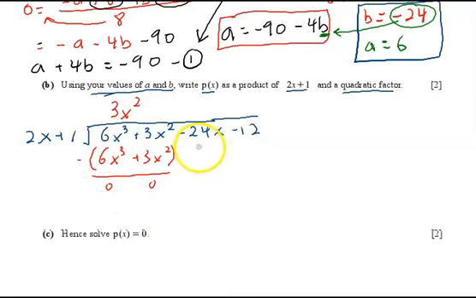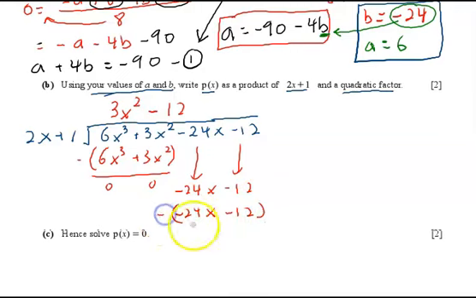Now we just have to bring down negative 24x minus 12, and then multiplying with negative 12 will give you negative 24x minus 12. Once we minus this, we'll be getting no remainder because it's a factor.